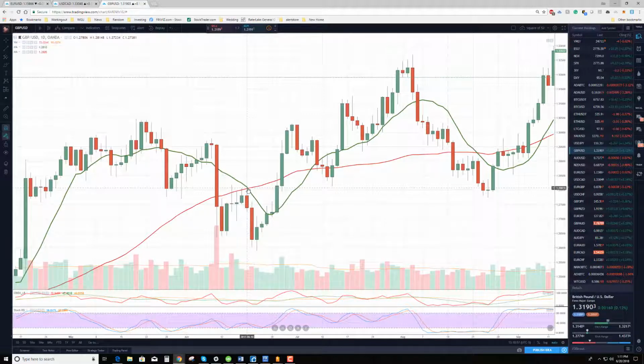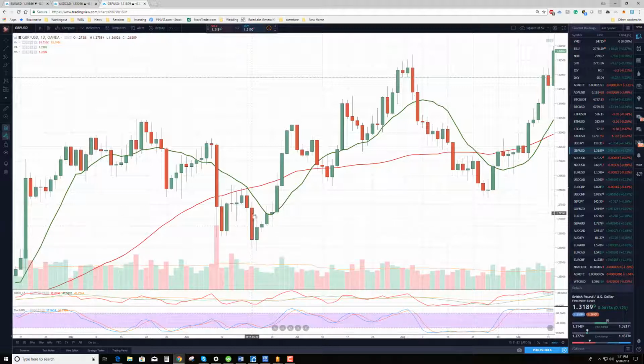The crossover doesn't happen until after the close of a candlestick. So on this current daily, we wouldn't see the cross until after the close of this candlestick, and if we took the short because it crossed, we would be out of money.